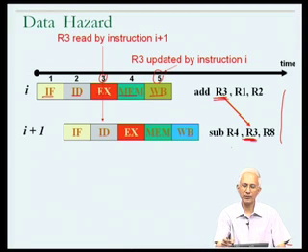In this particular case, the instruction I plus 1, the subtract instruction, would get an old value, the previous value from register R3.